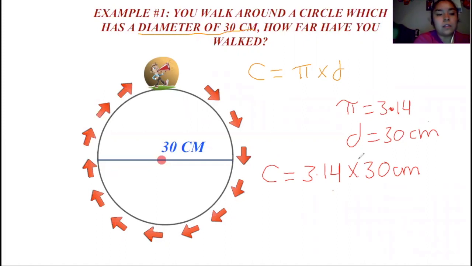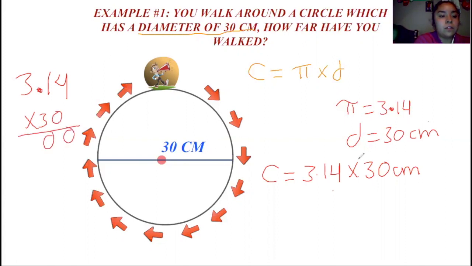So let's do this on this side. We have 3.14 times 30. So we have 0, 0, 0. Then 3 times 4 is 12, and we carry the 1. 3 times 1 is 3, plus 1 is 4, and 3 times 3 is 9.